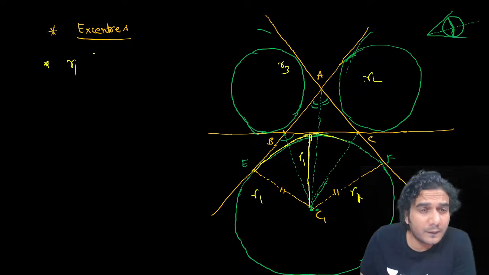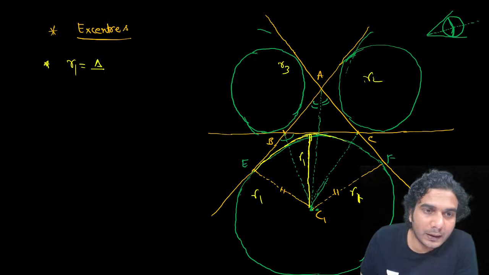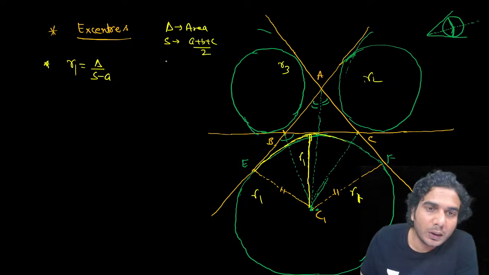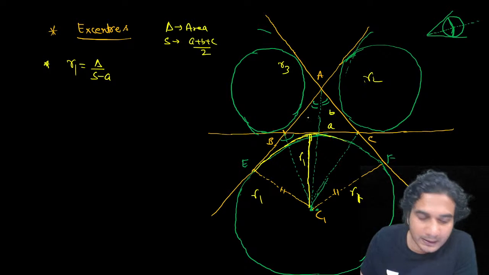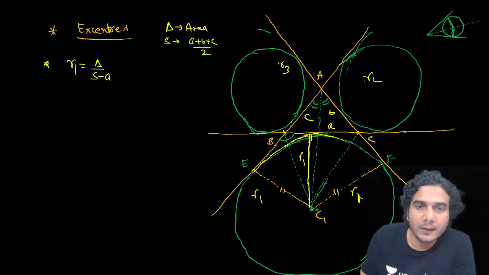So I'll tell you the formula, just like I have told you the formula for the incircle. Now for the excircle, the exradius R1 is delta upon S minus A. You know the notation. Delta is the area of the triangle, and S is the semi-perimeter, A plus B plus C by 2. And you know, the side opposite to A is A, the side opposite to B is B, and the side length opposite to C is C. All right.